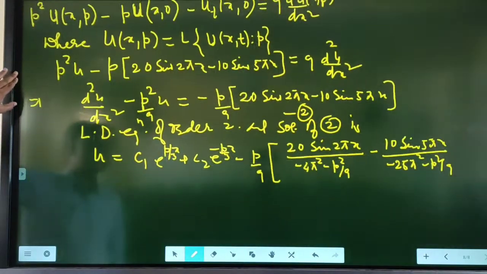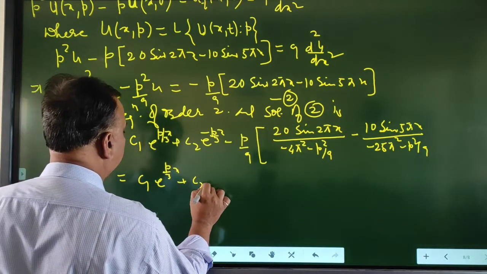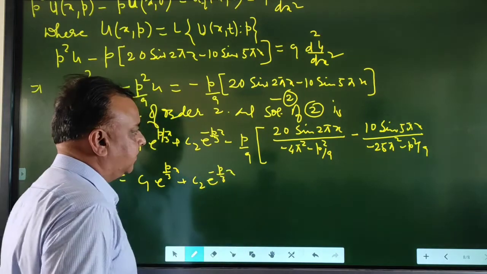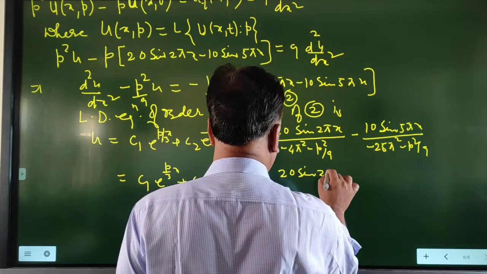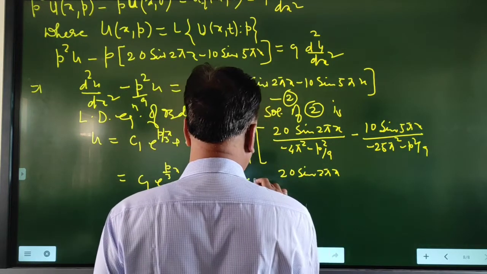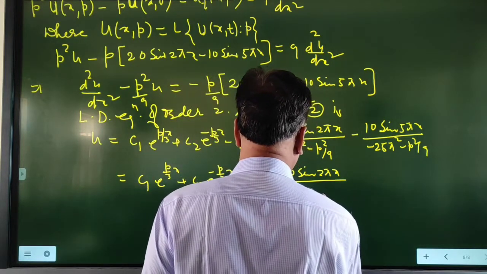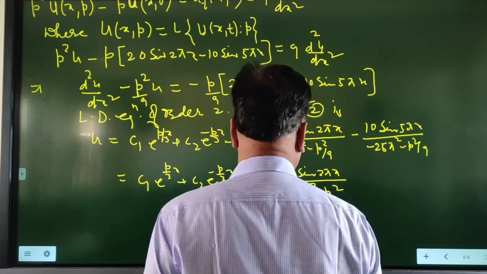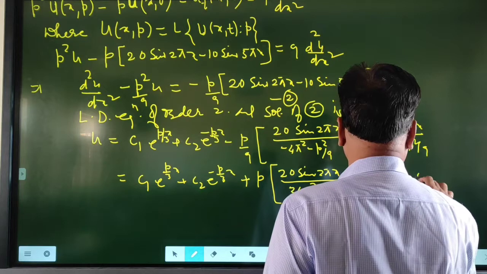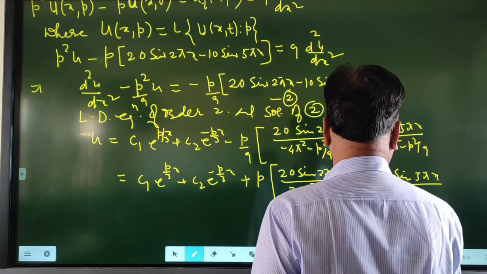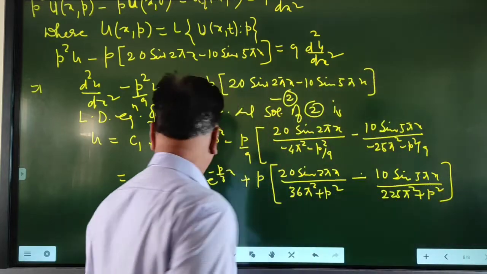Now solving this, we get u is equal to c1 e raised to p by 3 x plus c2 e raised to minus p by 3 x, minus 20 sine 2 pi x upon 36 pi square plus p square, minus 10 sine 5 pi x upon 225 pi square plus p square.